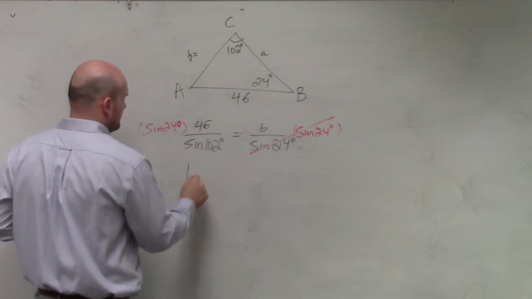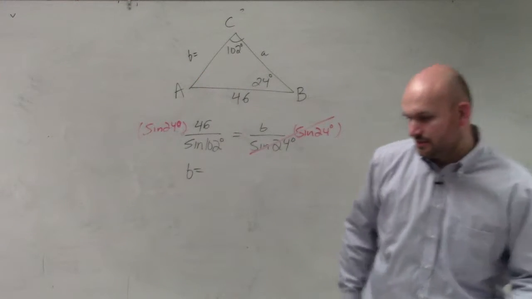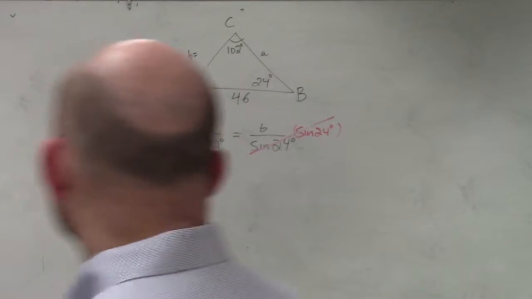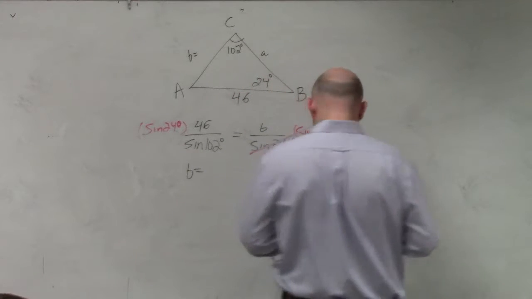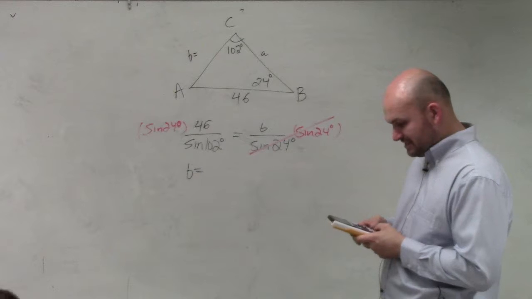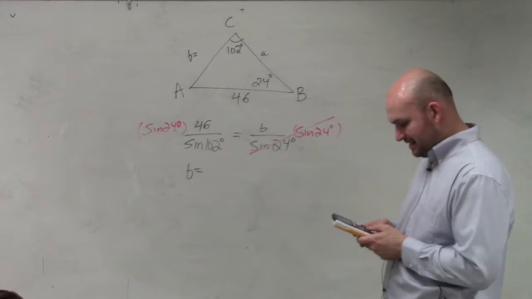So B equals, now we just type that into our calculator. Into your calculator, you're just going to type in the sine of 24 and the parentheses times 46, and then divide that by sine of 102.